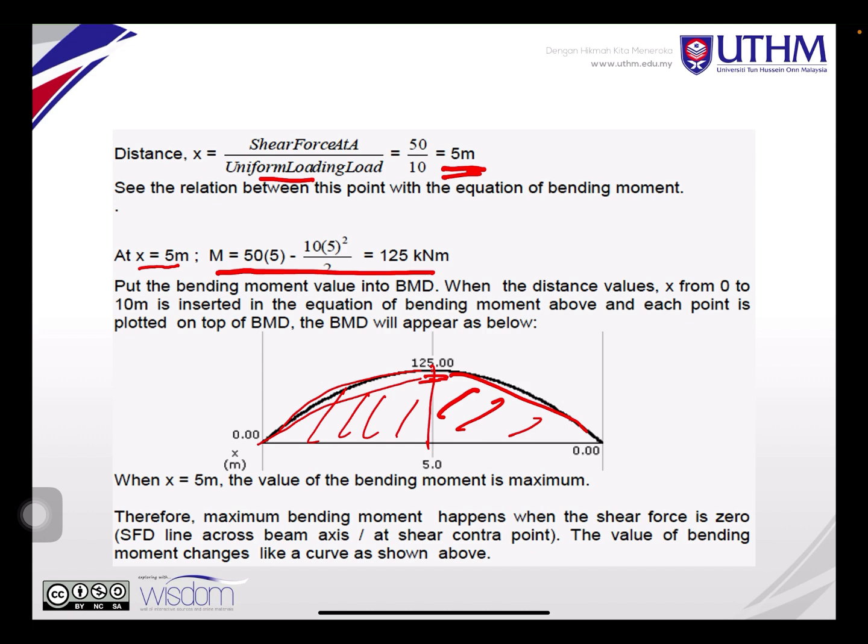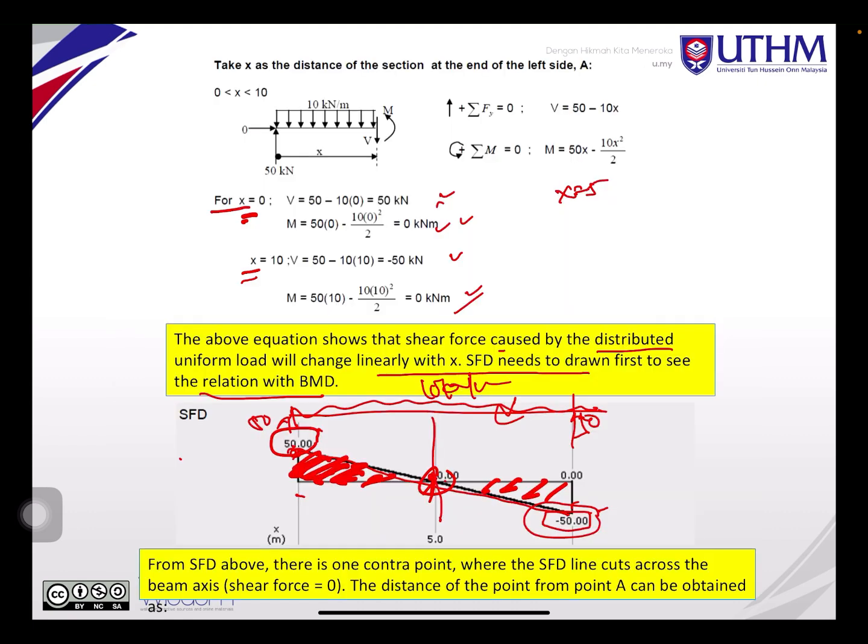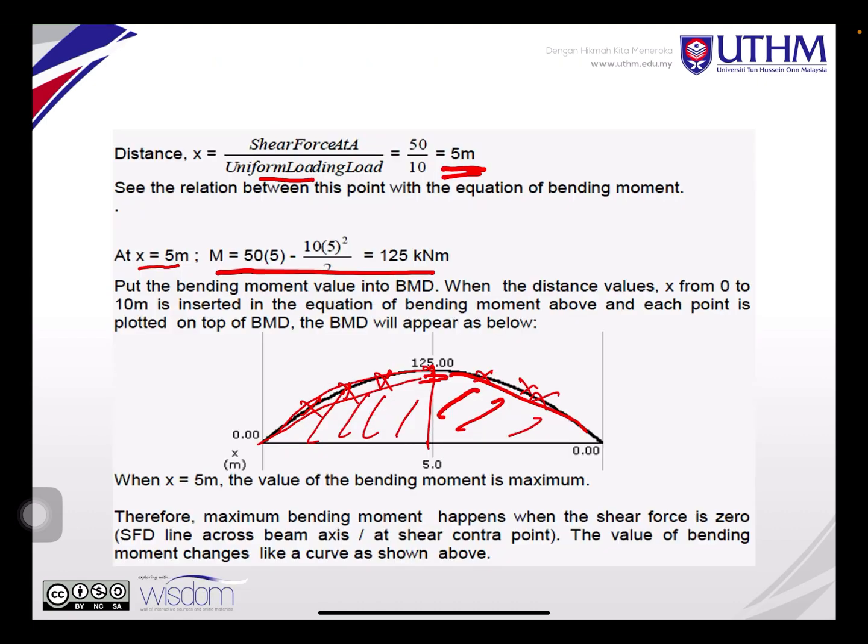When you get the area at a certain distance x, if you key in x at 4, you get the value for the bending moment diagram at 4 meter, 3 meter, 2 meter, and you can also calculate this using the equation. So you calculate, you plot, done.